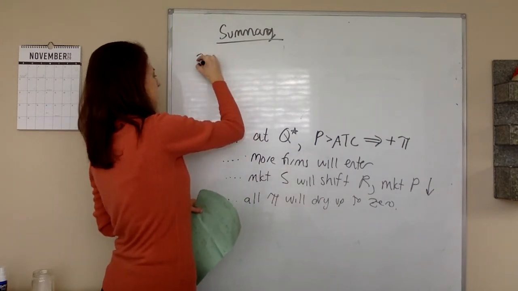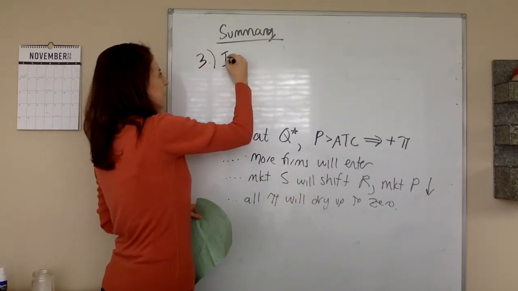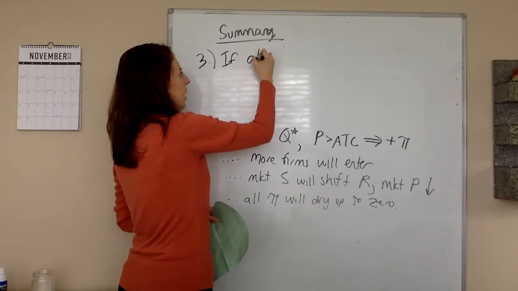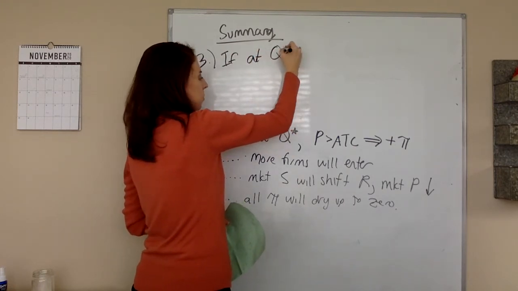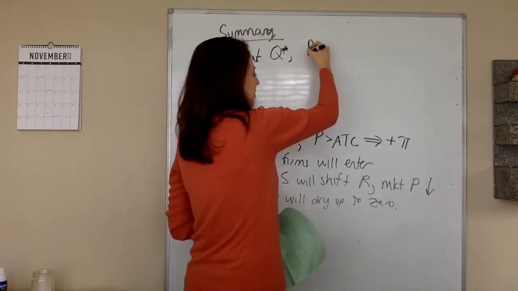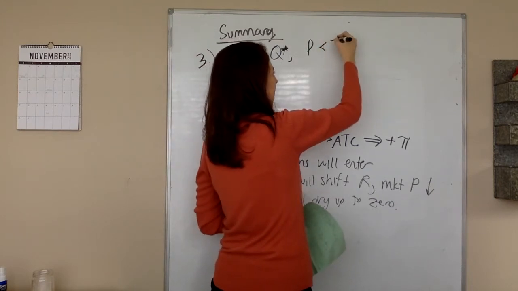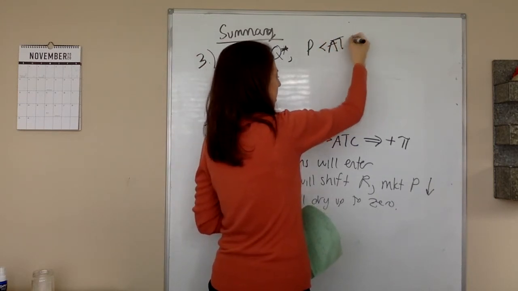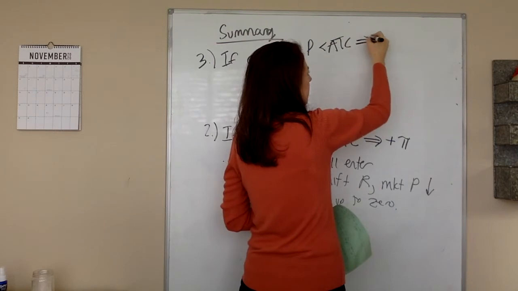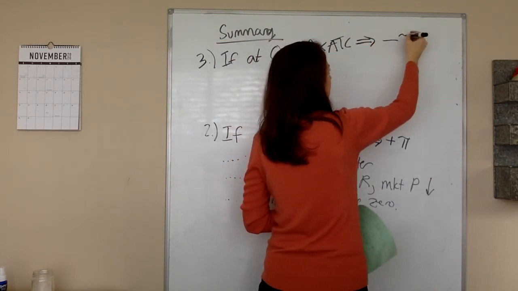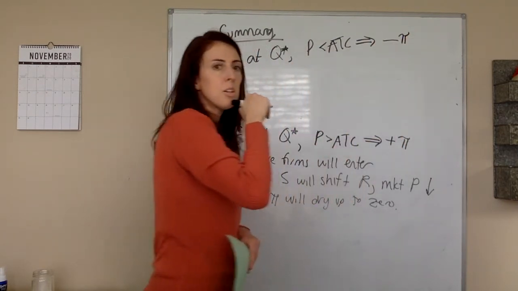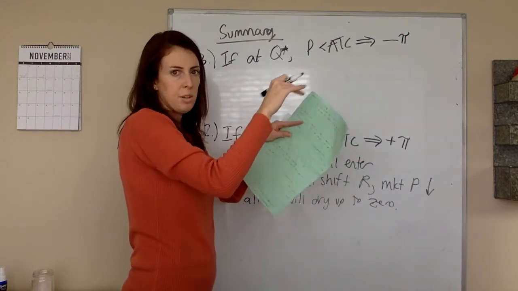3. If instead, at the profit maximizing quantity, the price is less than the average total cost, then that means that each firm is making a negative profit. And again, the magnitude of the negative profit is equivalent to that rectangle that we calculated.